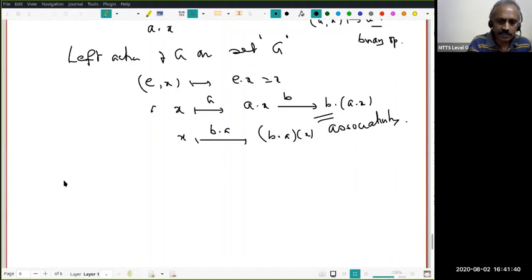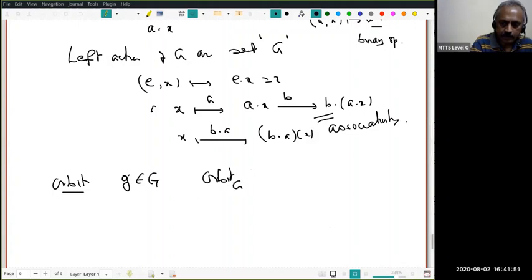Right. Now, what are the orbits? So fix an element x in G. What is the orbit of the group element x?